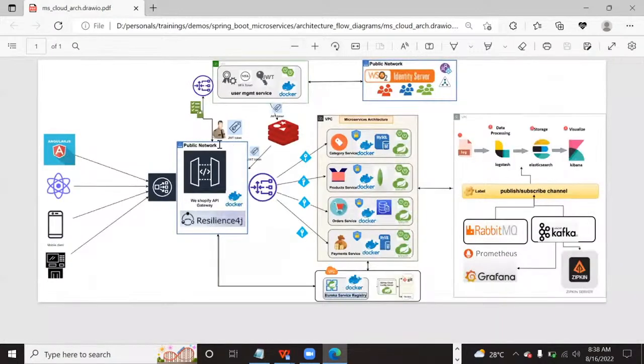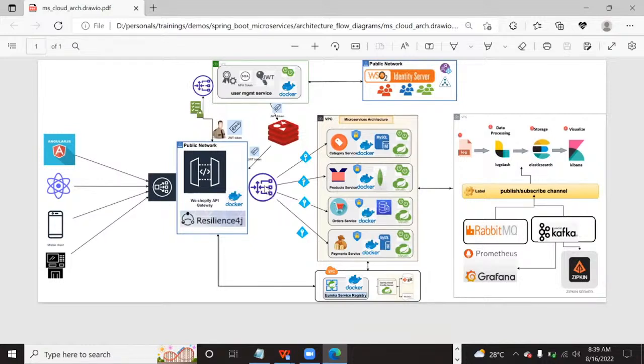Now, if you can see here, these are all on AWS. What we will do is automate these services using DevOps. You can see Redis cache, RabbitMQ, Kafka, Zipkin, Grafana, ELK, and then the microservices, Discovery Server, and Gateway.